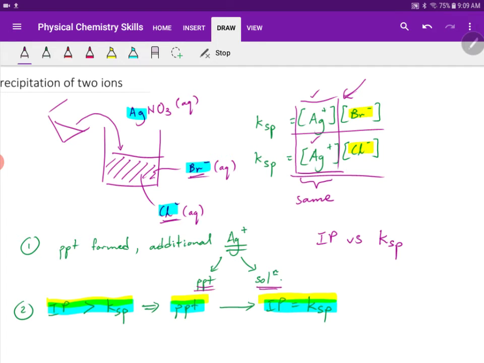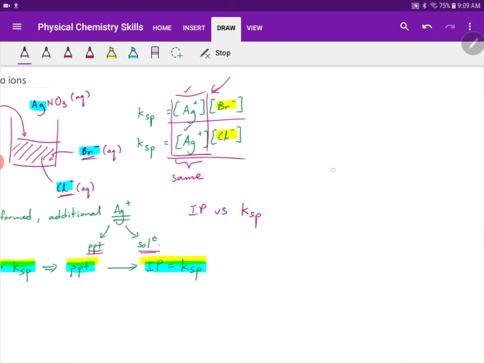Let's say, for our sake, AgBr is the one that gets precipitated first. I have a certain concentration of Cl minus, a certain concentration of Br minus, and I'm adding in Ag plus.